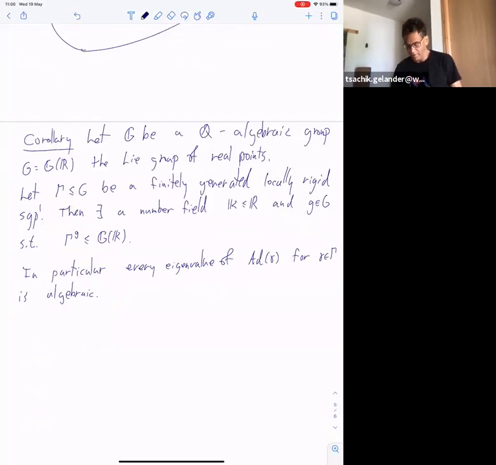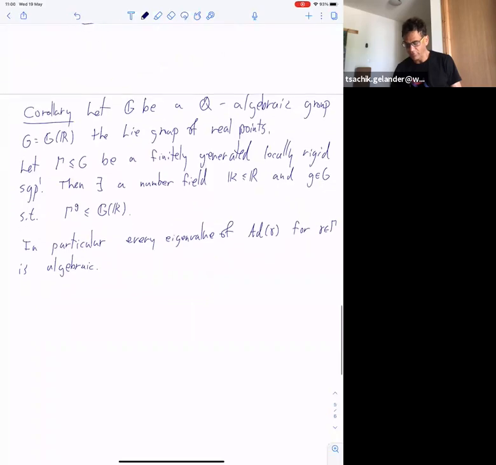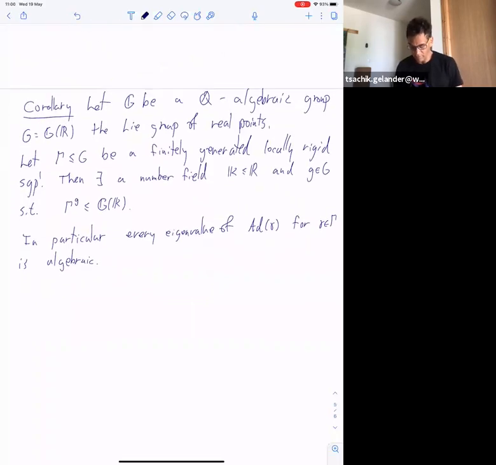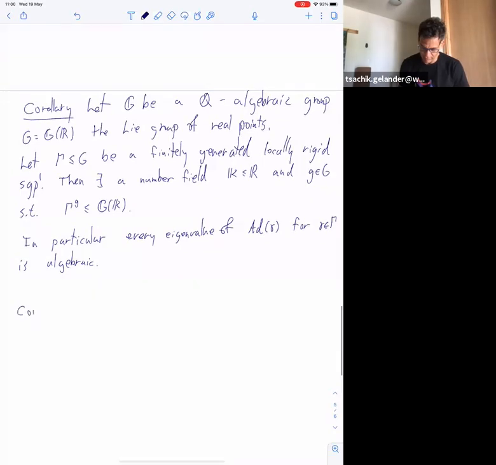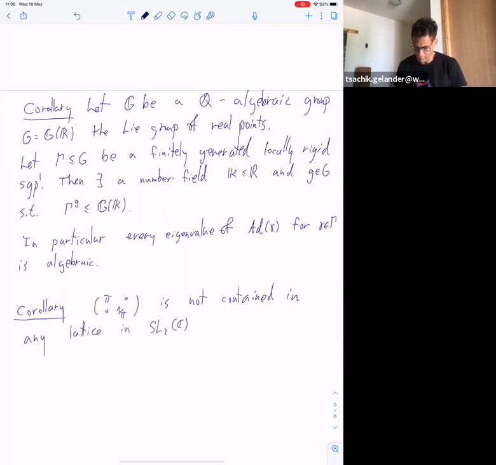And this is a very general result. So here is, for instance, an example of a corollary. The matrix pi 1 over pi is not contained in any lattice in SL2C because pi is not algebraic.